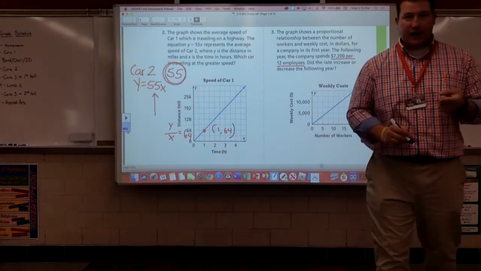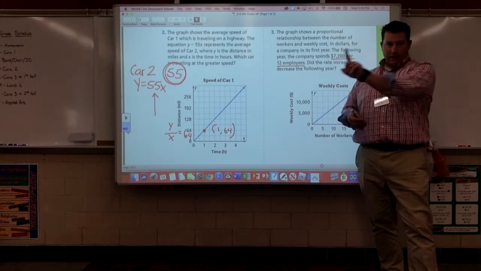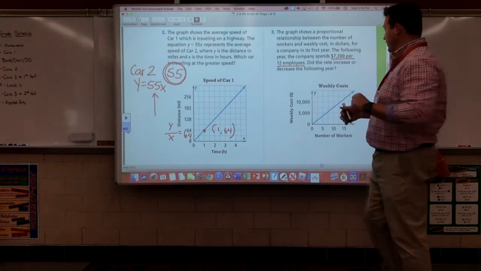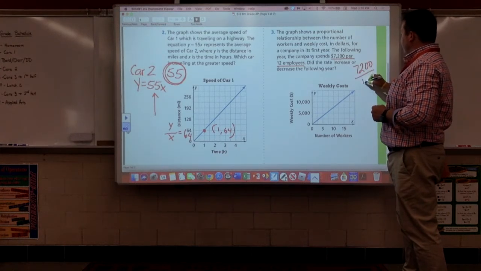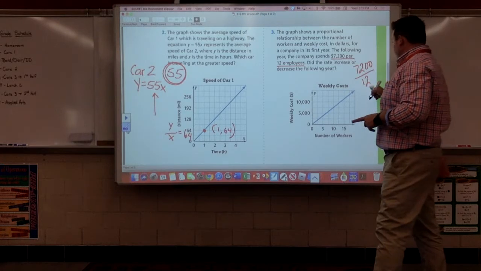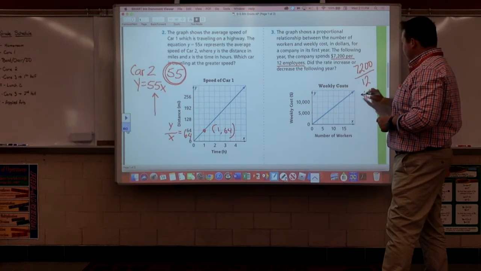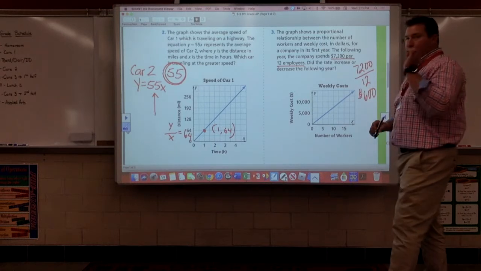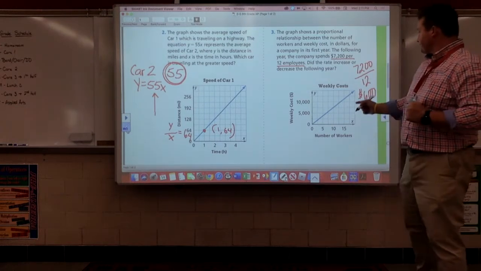So I need a unit rate. I don't want per 12 employees, I want per 1 employee, okay? So it was $7,200 for 12. What is that per 1 employee? Okay, so I have to do a little bit of math here. I'm going to say that's $600 per employee. I took 7,200, divided it by 12.